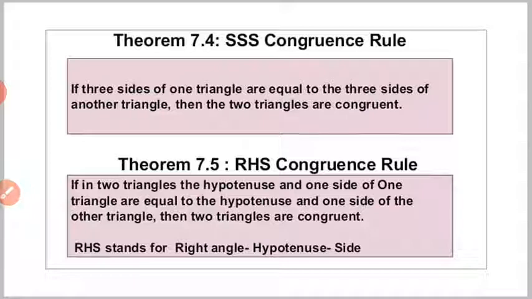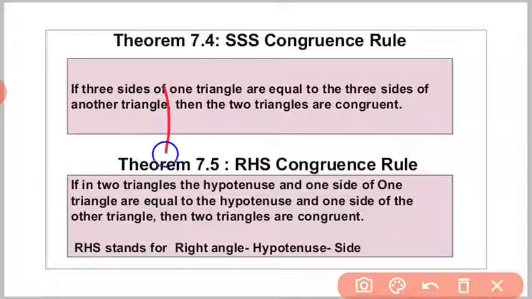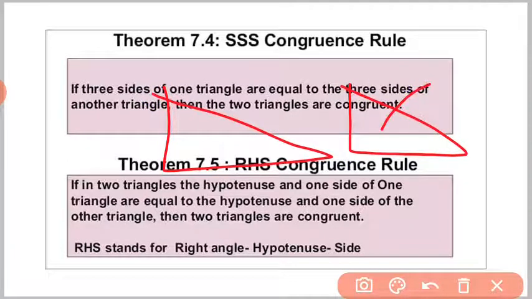Theorem 7.5: RHS Congruence Rule. If in two triangles the hypotenuse and one side of the triangle are equal to the hypotenuse and one side of the other triangle, then the two triangles are congruent.